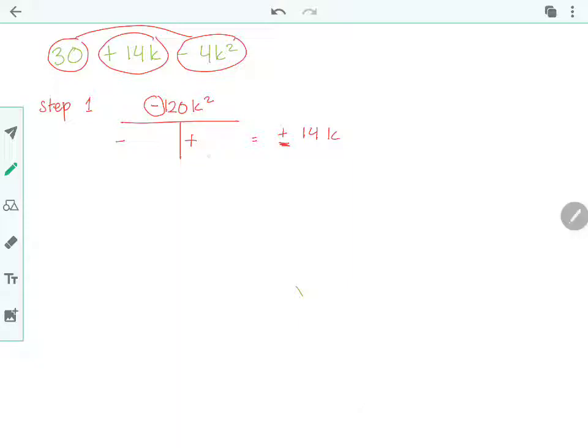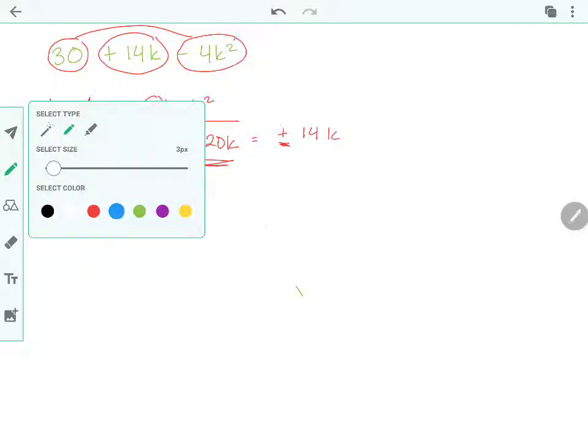The positive number will be the bigger one. So we need to think about it. I think you will agree that it will equal negative 6k and 20k. So that's the very first step.